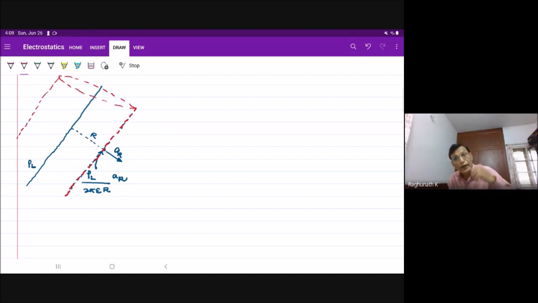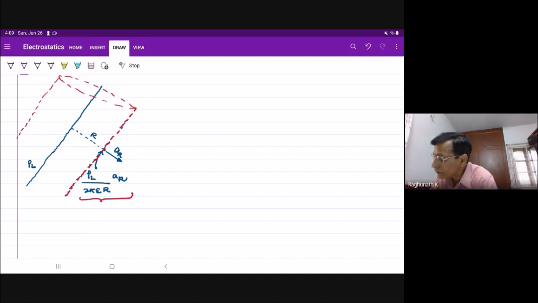At each and every point on this cylinder of infinite length passing through the point of interest and having the line charge as its axis, electric field intensity is rho L by 2 pi epsilon r. Please check.